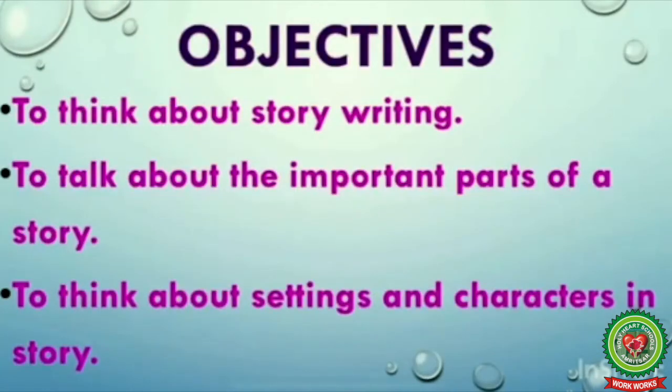But before starting with the story, let us discuss the objectives related to the topic. Today, you all will be able to understand how to write a story. Number 2, to talk about the important points of a story. To think about settings and characters in the story.